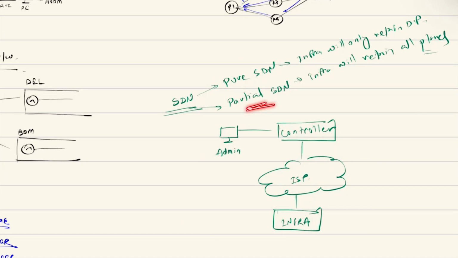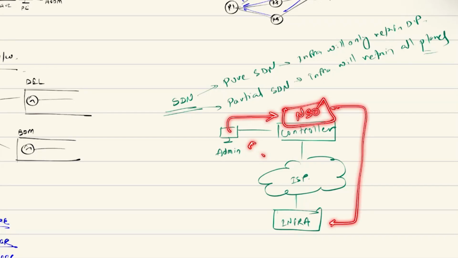And in partial SDN, if you have, let's say, NSO as your controller, you log into the NSO and say, I want to perform this config change on my device. So you tell NSO to configure OSPF with these parameters on my router. NSO will go and push that configuration to the device. But can you also log into the device using the CLI or GUI directly and perform the config?